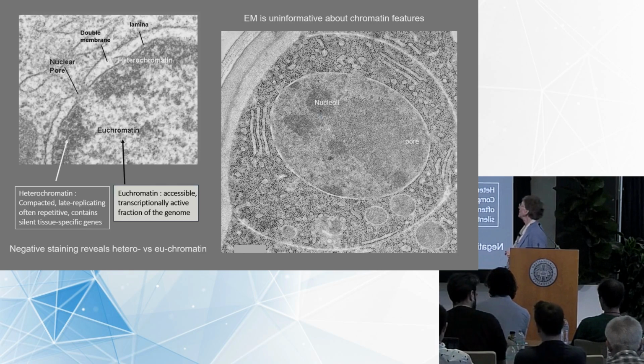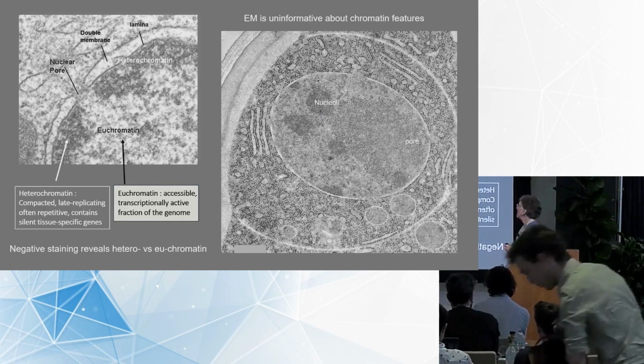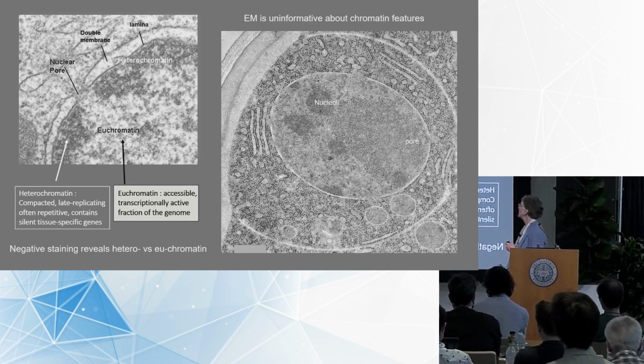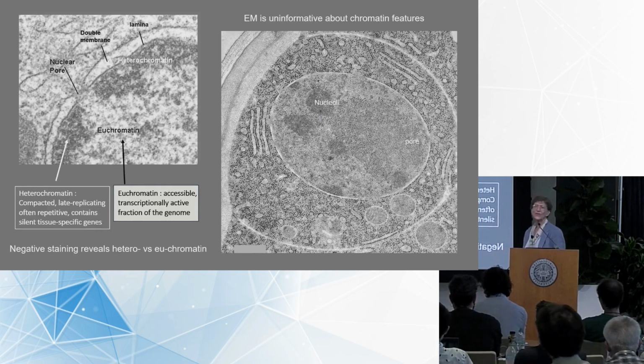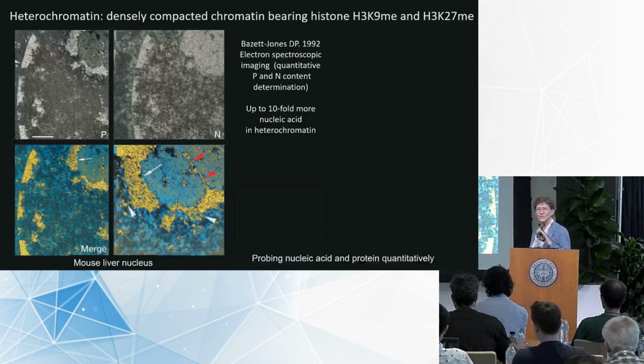And even when you stain negatively with uranyl acetate, all you could see is that there were darker regions and lighter regions that correlated with heterochromatin and euchromatin. Actually, that was more or less the definition. But things became much clearer with new techniques.